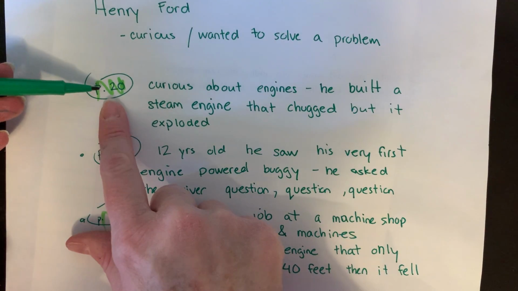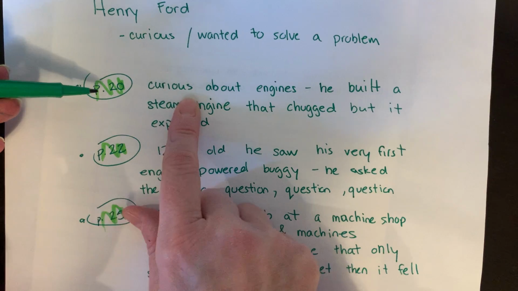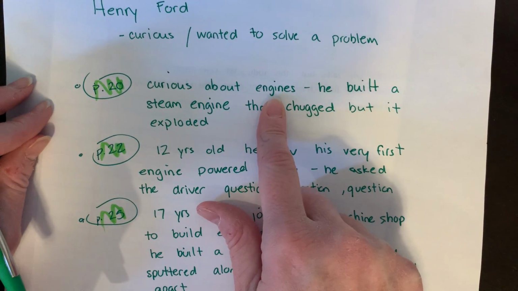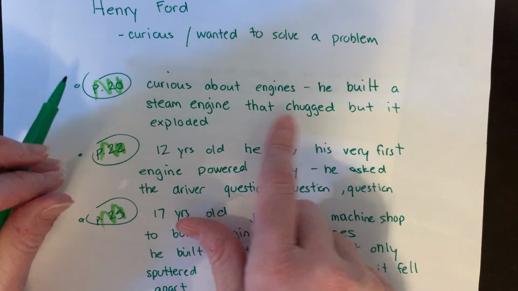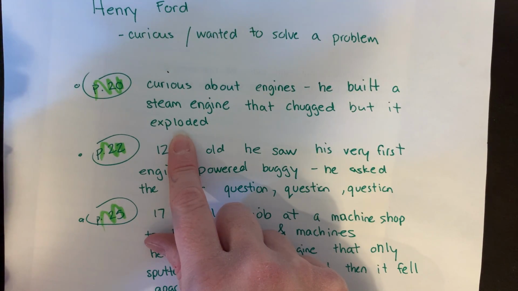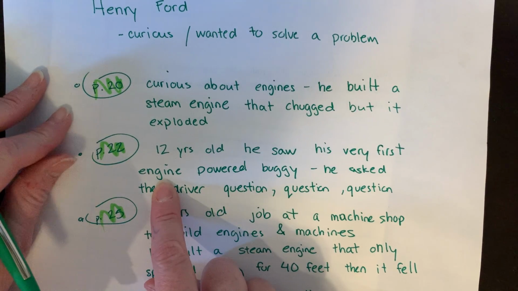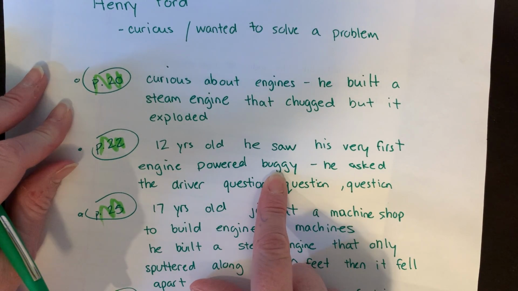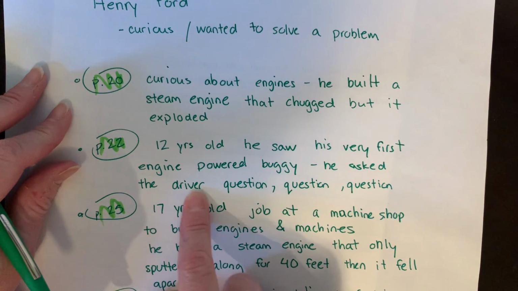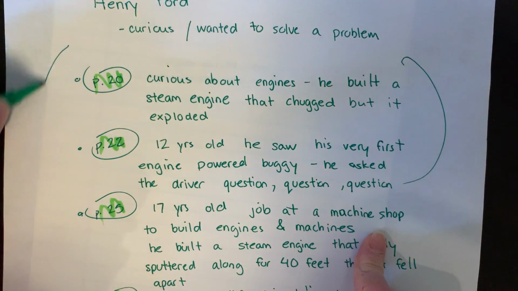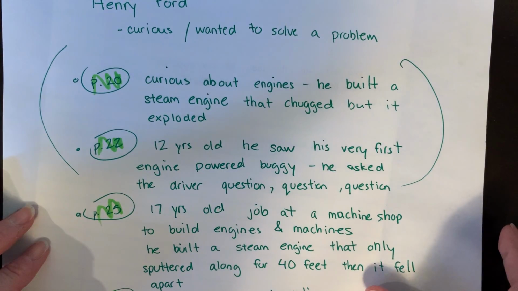So here on page 20, I wrote that the author had said he was curious about engines. He built a steam engine that chugged, but then it exploded. And when he was 12, he saw his very first engine-powered buggy. He asked the driver questions, right? So I'm going to maybe combine these two and make one sentence.